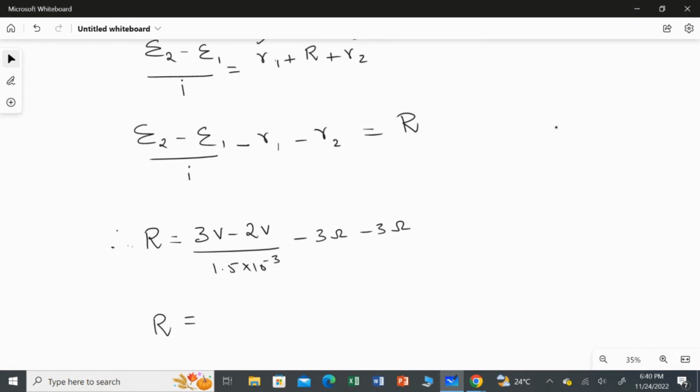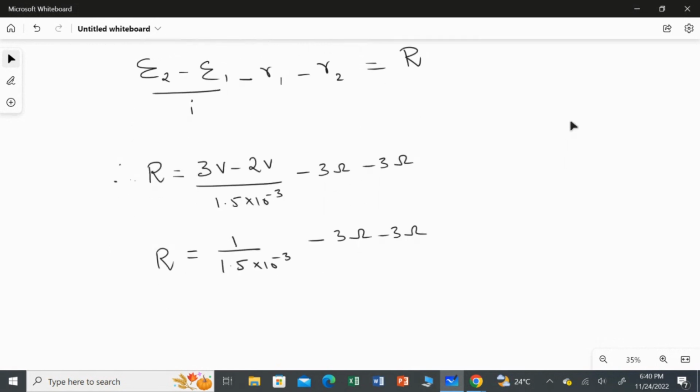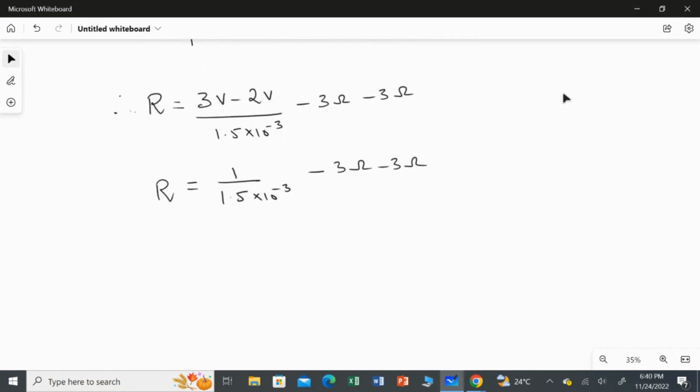First of all, I'm going to calculate 3 volt minus 2 volt, which is exactly 1 volt. 1 divided by 1.5 multiplied by 10 to the power of minus 3, minus 3 ohm, minus 3 ohm, right? So what you'll get is 660.